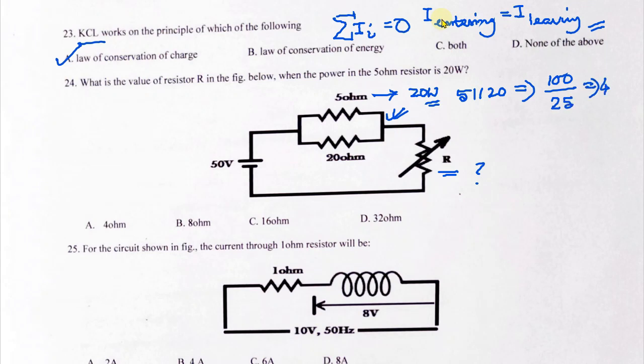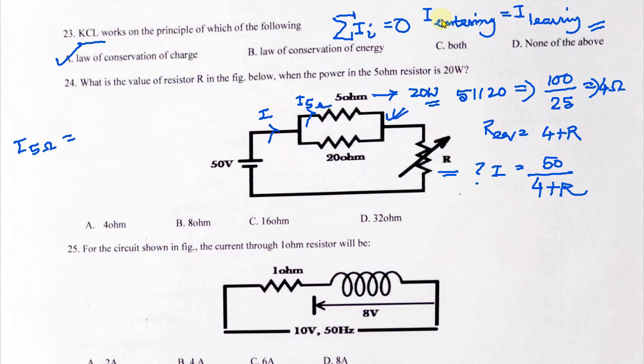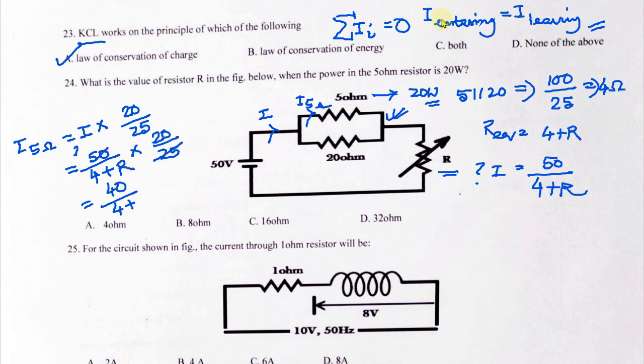So the equivalent resistance of the parallel branch is 4 ohm and the total resistance of the circuit is 4 plus R. So total current I is equal to 50 by 4 plus R. So the current flowing through this 5 ohm resistor, or I5 ohm, will be this current I into 20 by 20 plus 5, that is 25. Now we have found out I is 50 by 4 plus R. So this will become 40 by 4 plus R.